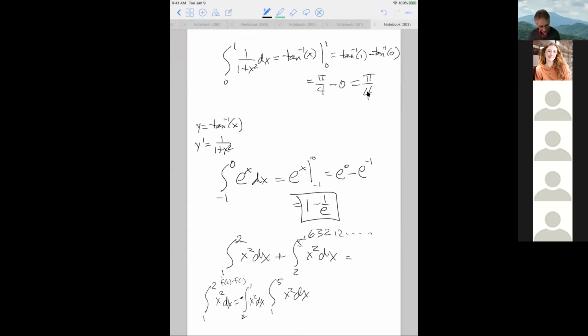When I switch them, I've got 1 on top, so I've got cap F of 1 minus cap F of 2. It just switches them. You're going to get the same difference, but with the opposite sign. So if you switch a and b, it gives you the negative of whatever you had for the original, okay?